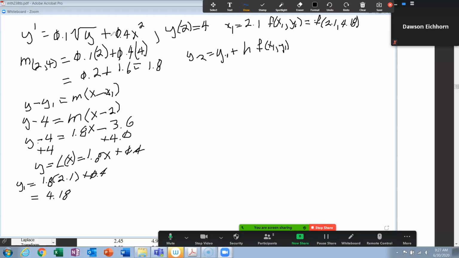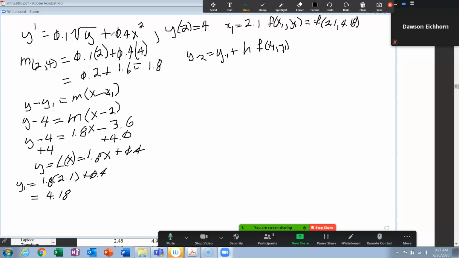Then add to that 0.4 times 2.1 squared, and then press equals. So our new slope, the last one was 1.8, the new slope is 1.96.